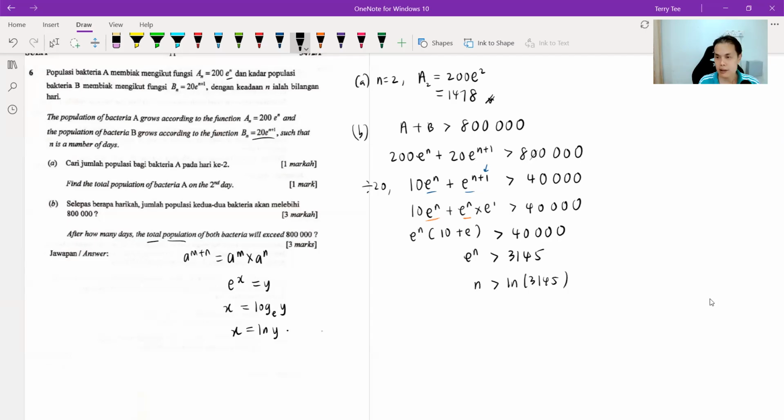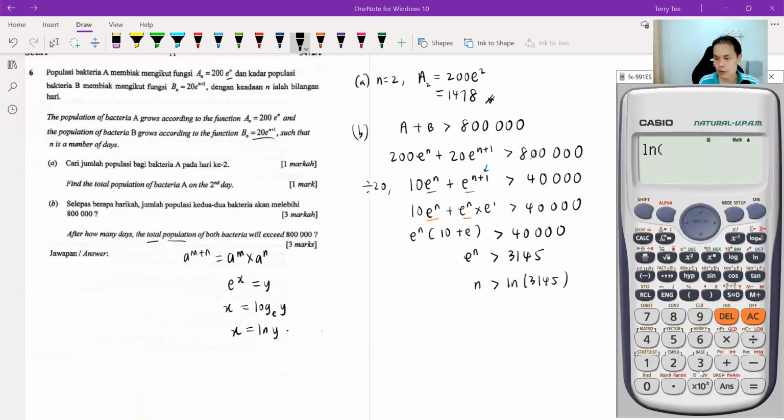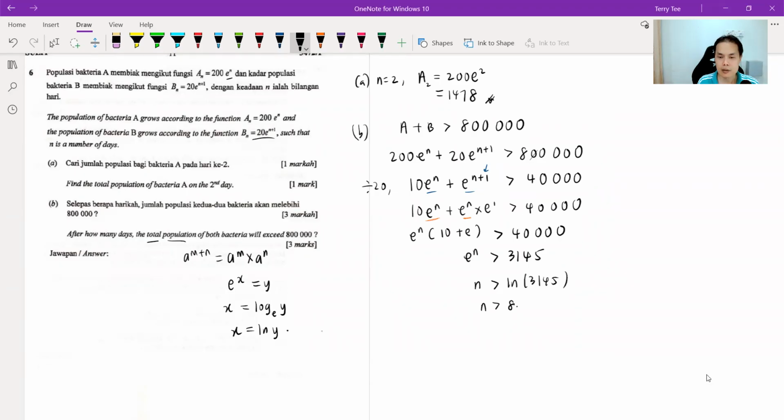Use our calculator. ln of 3145, you can just type in the answer, 8.054. There you go, 8.054. Therefore, what do I take? n is an integer greater than 8.054, we take n equals 9. So after 9 days, the total population of bacteria will exceed 800,000.